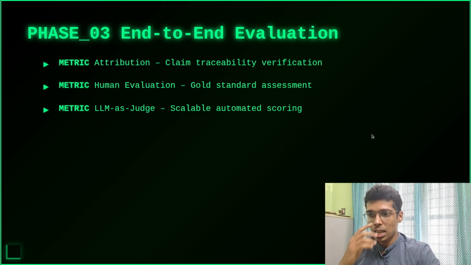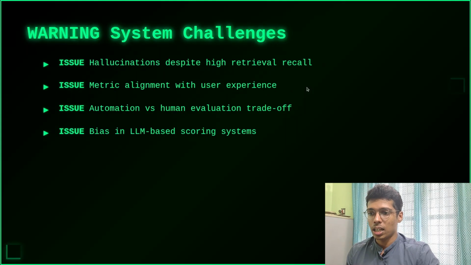So when you ask why this is required, these things could happen due to a lot of reasons. The LLM could hallucinate. There could be a metric misalignment with the user, and there is a whole trade-off in how you choose the metrics.